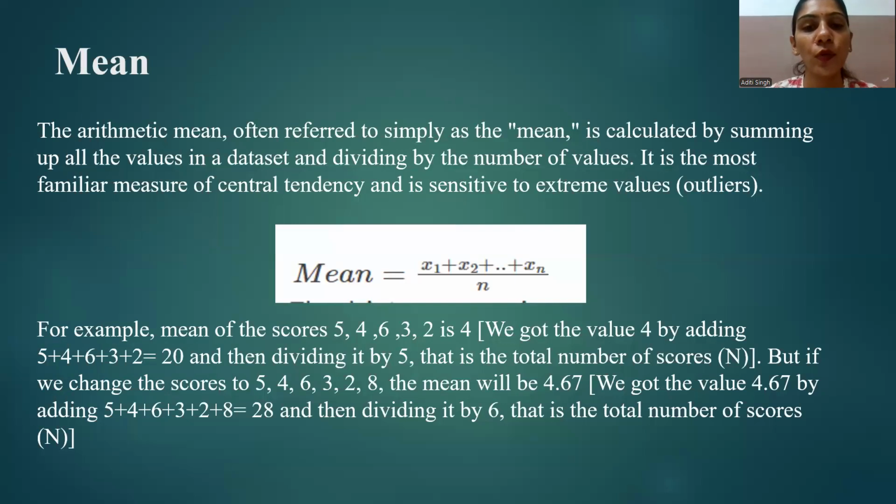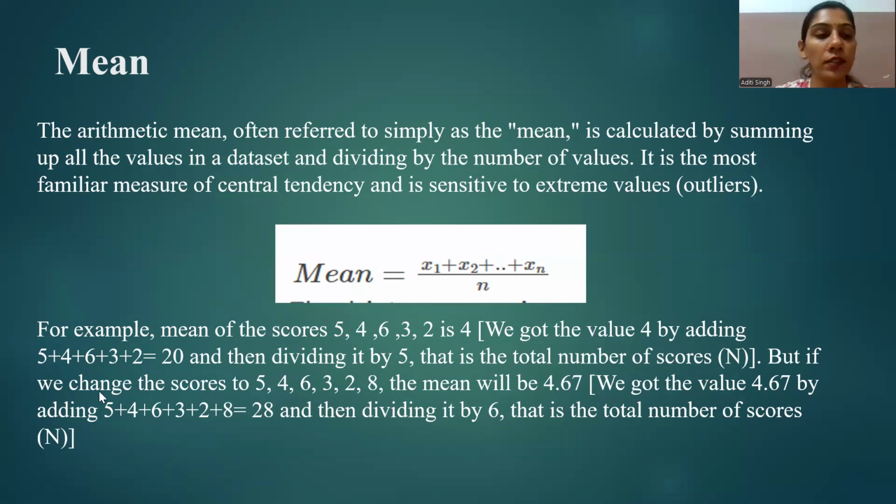Before going towards the merits and demerits of mean, let's discuss the properties of mean. As mean is sensitive to the actual position of each and every score in a distribution, if another score is included in the distribution, then the mean or average of the distribution will change.